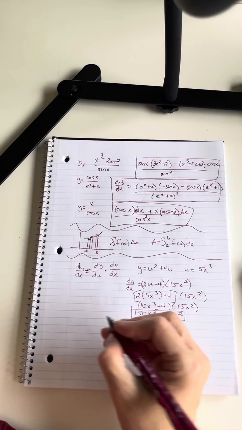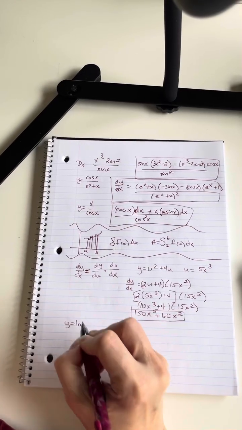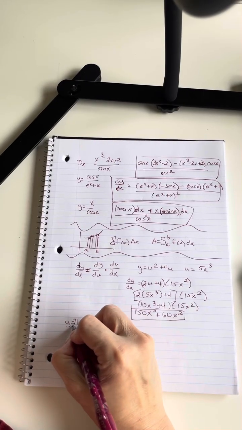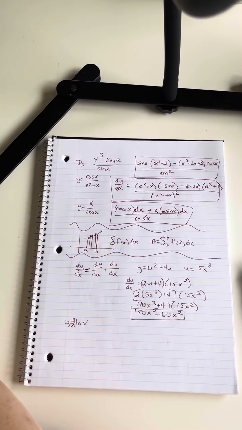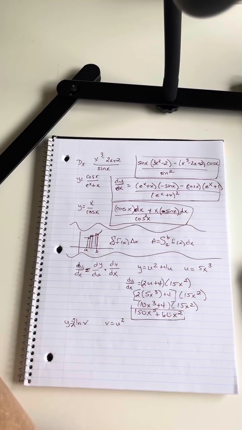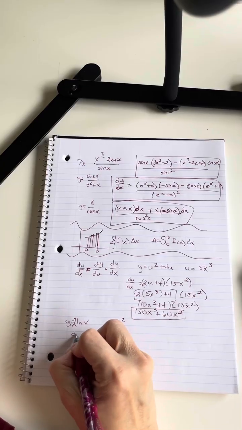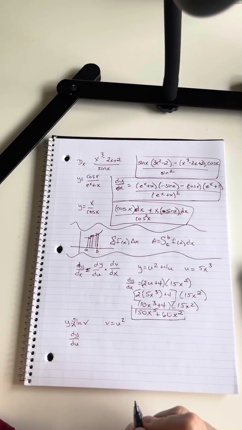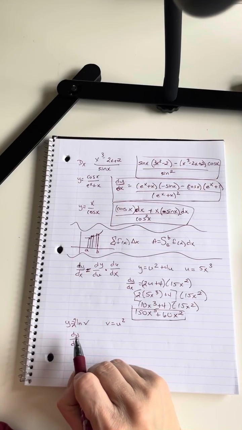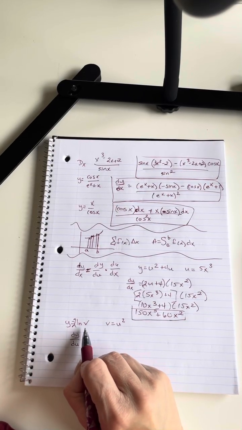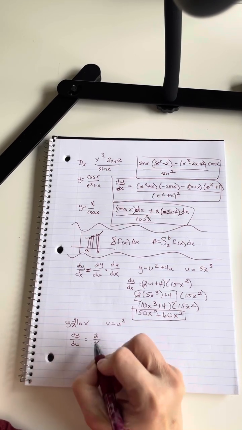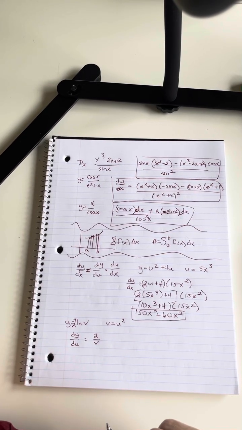Example 2, y equals 2 natural log of v, and v equals u squared. Find dy du. So we're going to derive, and our 2 with our natural log of v ends up being 2 over v, because the derivative of natural log of v is 1 over v.